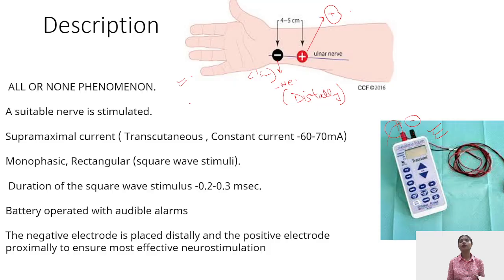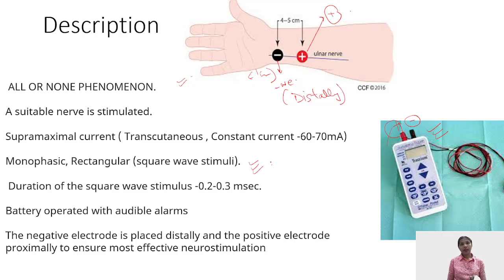There are ample nerves which can be monitored during neuromuscular monitoring. I'll be coming to them. Then a transcutaneous current is transferred. Please remember, the current that we are giving is transcutaneous. A constant current of 60 to 70 milliamperes is what is given.